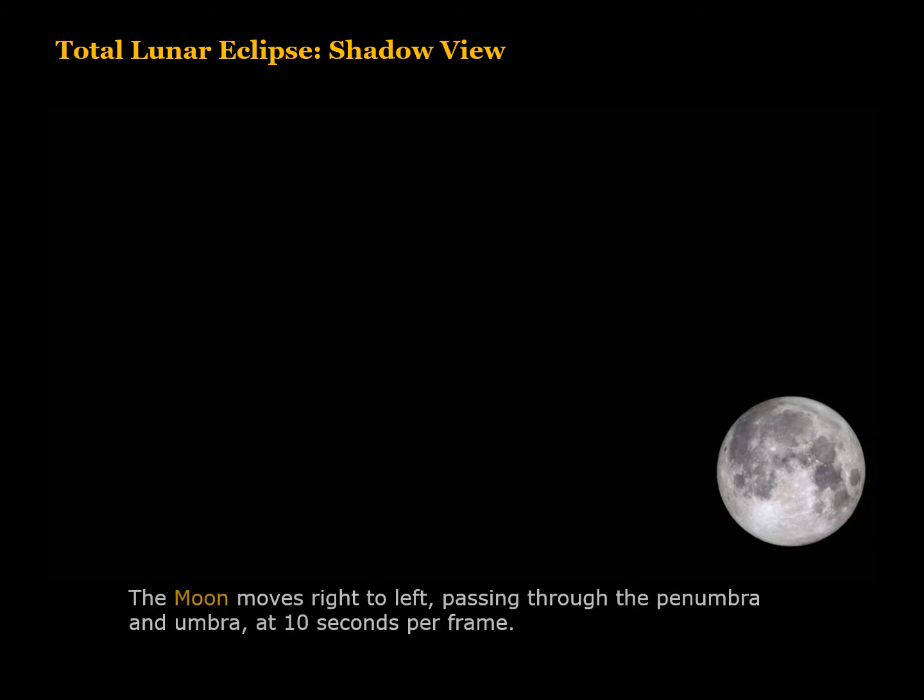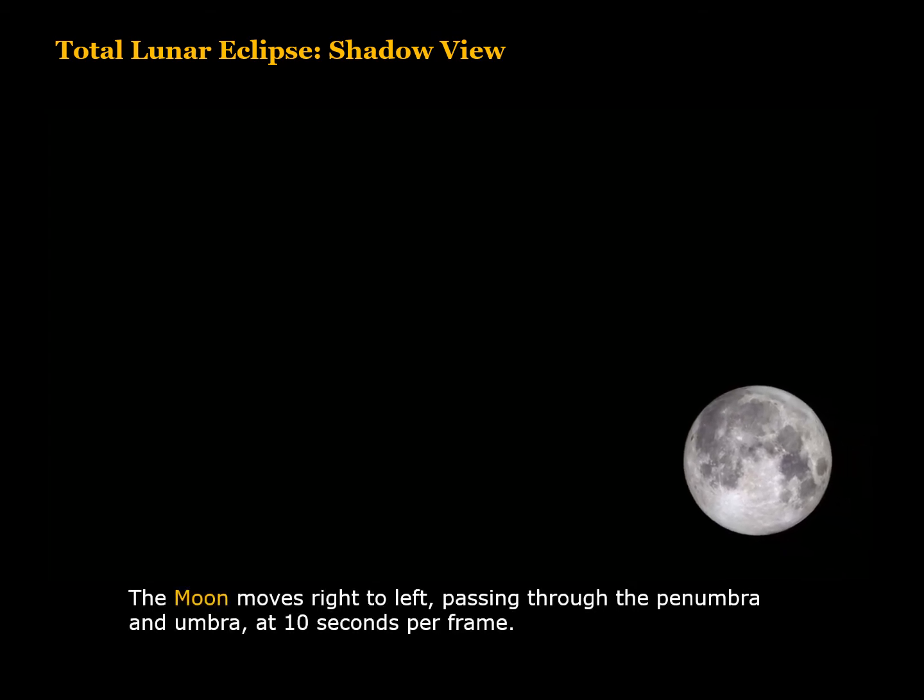The Moon moves right to left, passing through the penumbra and umbra, at 10 seconds per frame.